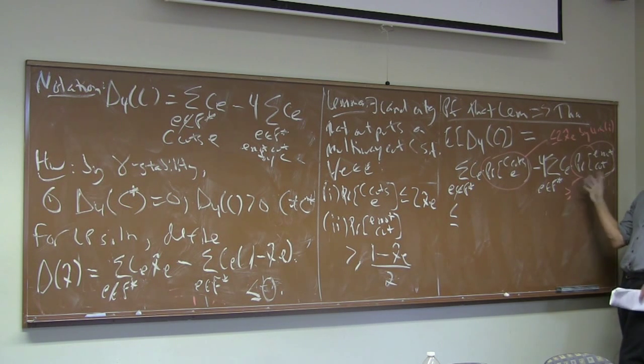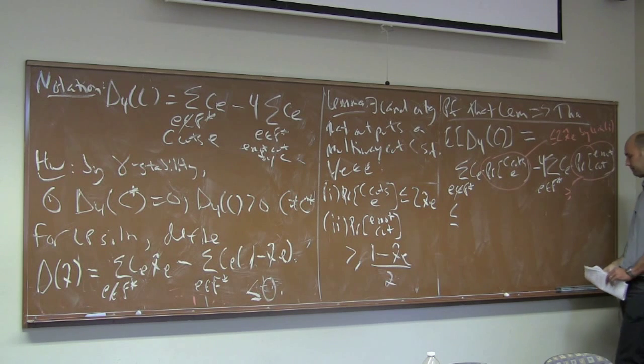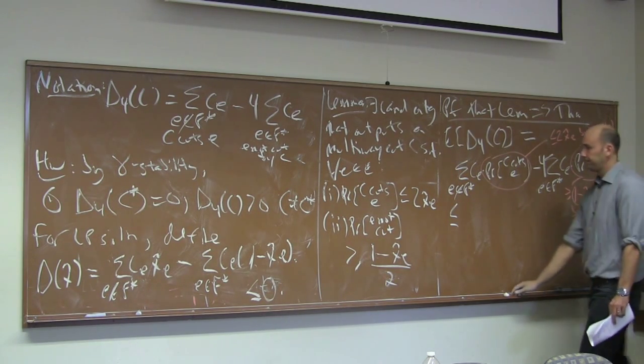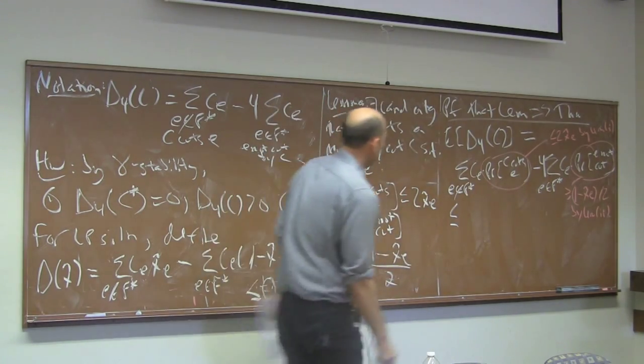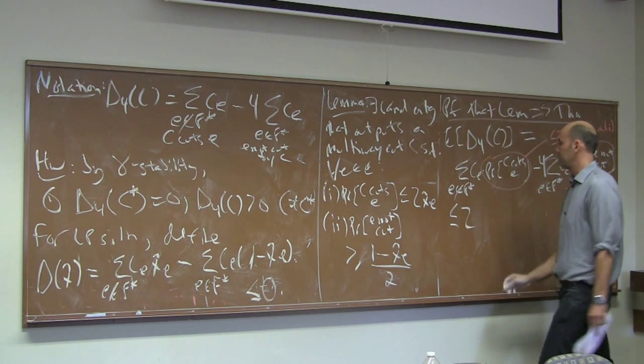For the negative term, we want a lower bound. So we're subtracting something smaller, so overall, it's bigger. So here we have a lower bound of 1 minus x hat e, quantity over 2, by lemma part 2. That's just plugging in the lemma. And so what do we have? We pick up a 2 in front on this first term.